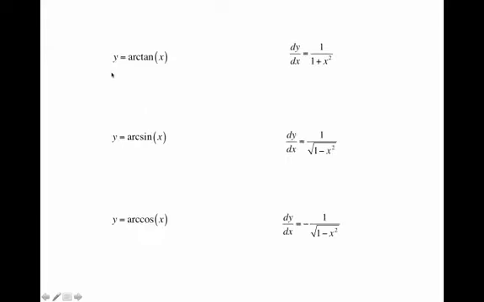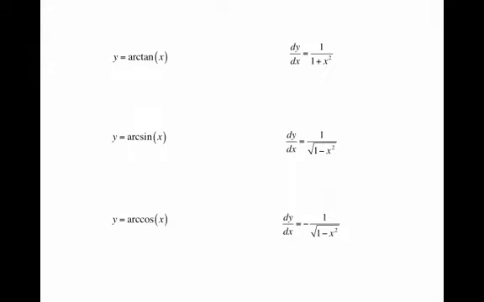So let me take you through some of our three trigonometric identities. Arctan x, that's the one we just did. If y equals arctan x, the derivative is 1 over 1 plus x squared. We also did if y equals arcsine x in the last video, then the derivative is 1 over the square root of 1 minus x squared.